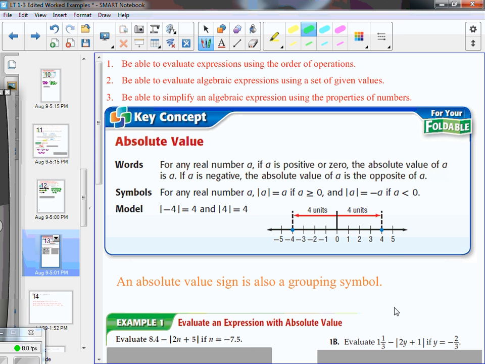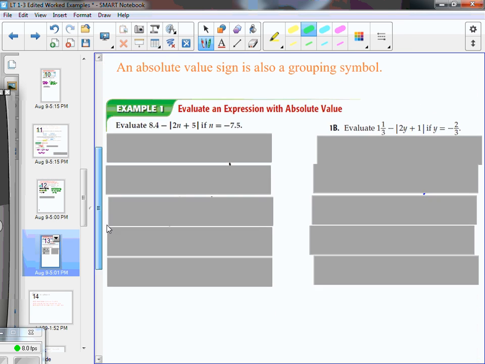We won't have to yet. All right, so let's take a look at these two examples with absolute value signs. We're supposed to evaluate an expression. This time, we have a variable expression with an n as your variable, but they tell us what n equals.